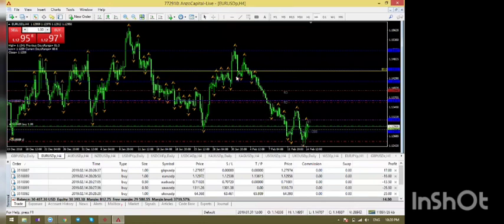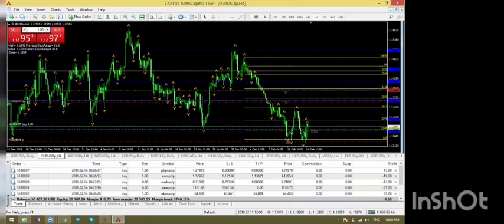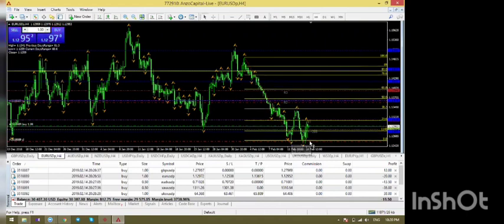Okay, so last session you drew a Fibonacci. Please draw the Fibonacci. I think it was from this point to this point.